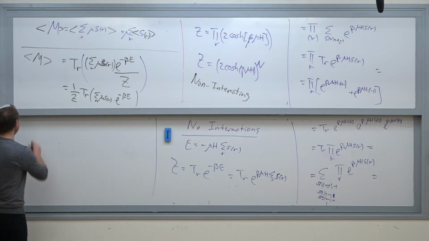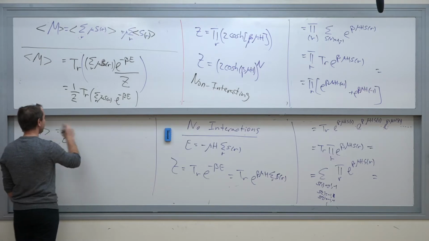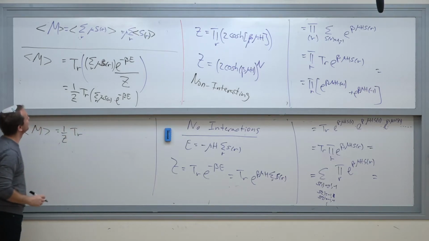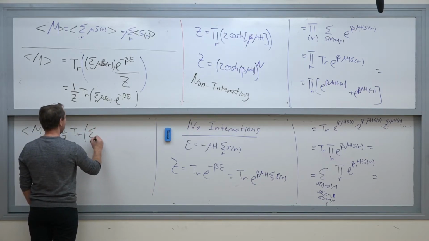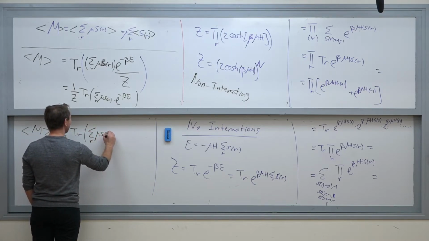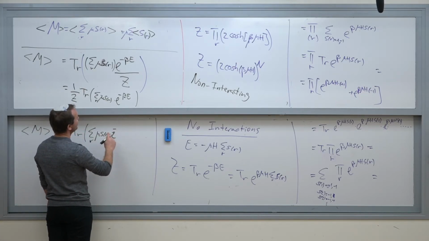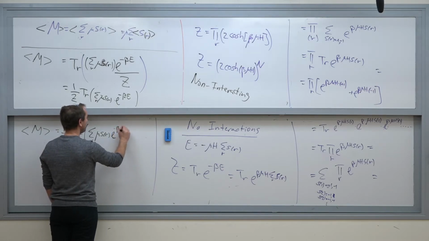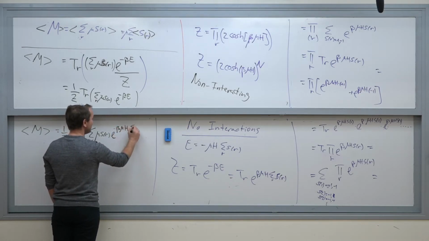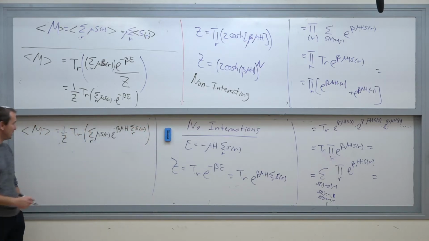So what we have is that the average m equals 1 over Z, trace over the sum over r of mu s_r, multiplied by e to the power of minus beta E, so it's e to the power of plus beta mu h sum over r of s_r. Right? This is the function that we have. We have absolutely no interactions.